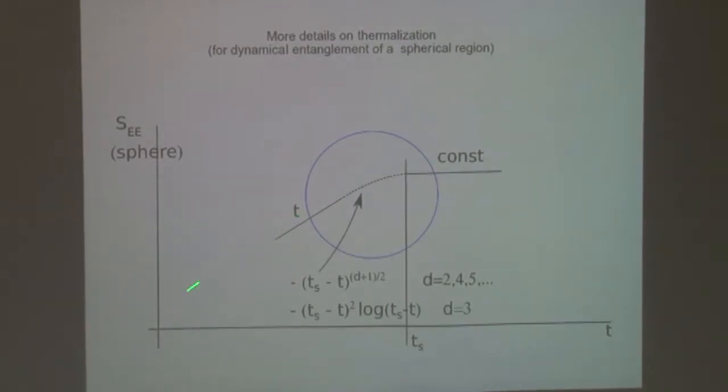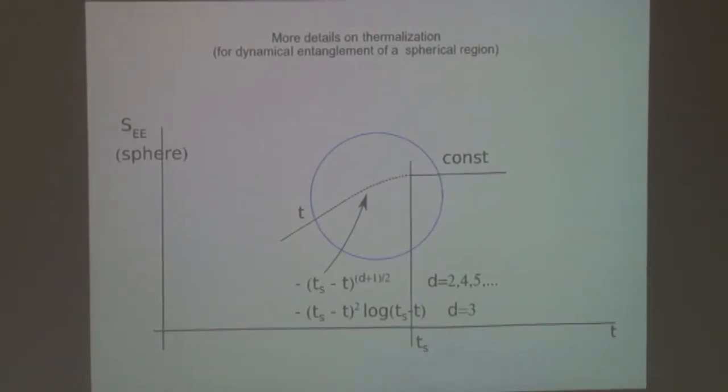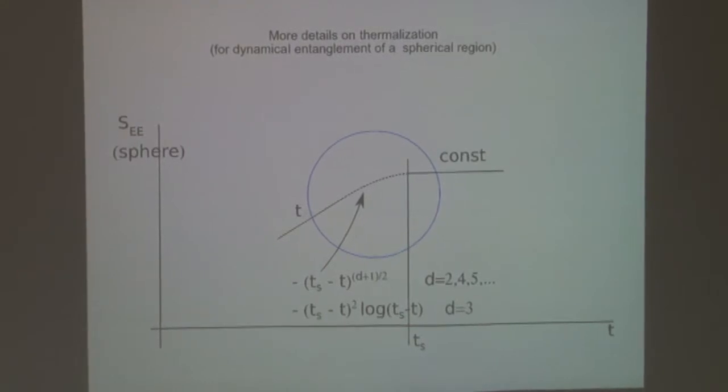It's not a smooth connection, and the connection is given by some power law with some non-trivial exponent. And in the case of d equals 3, this power law is modified by a log term. So this small d here is the space-time dimension of the conformal field theory.